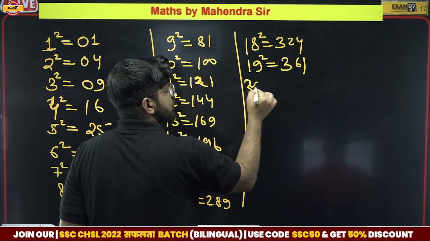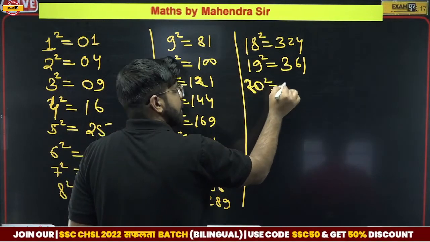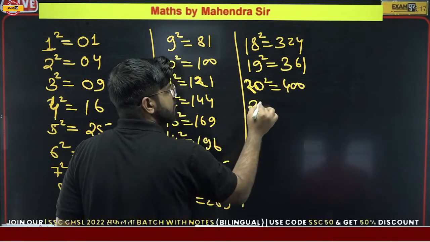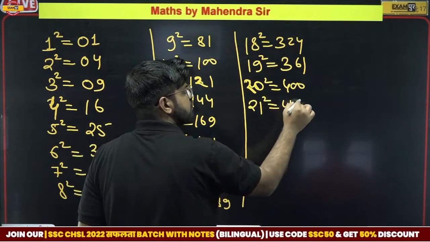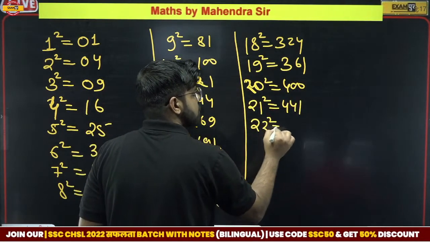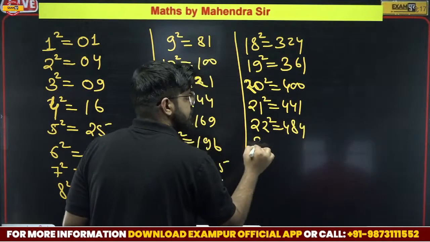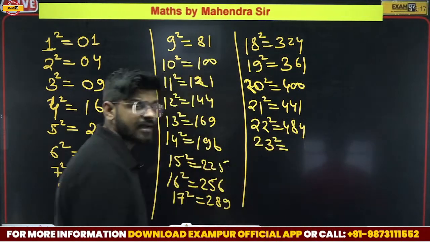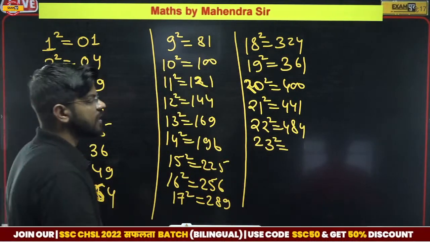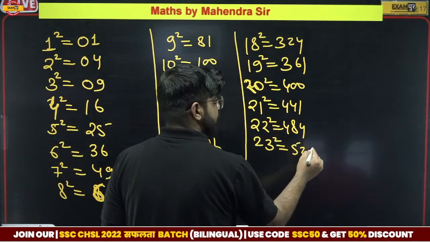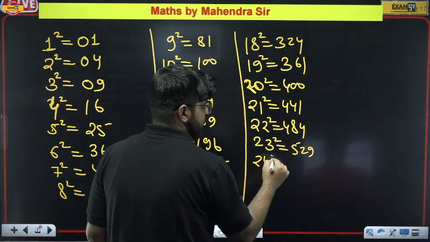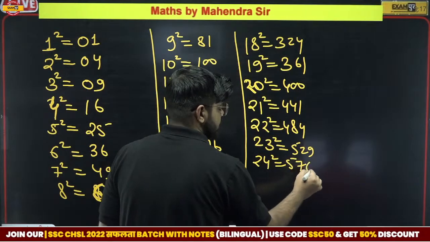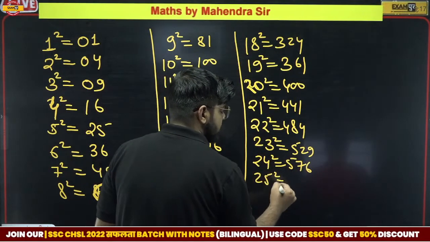Then 20 square is 400. 21 square, 441. 22 square, 484. 23 square, you have to learn by heart like this only, so that you can write in one flow. 529. 24 square is 576, and 25 square will be 625.